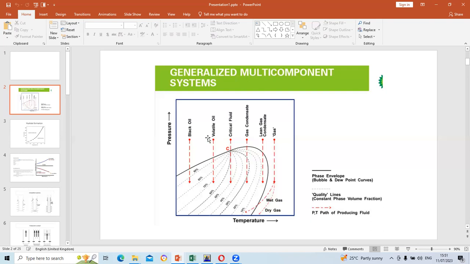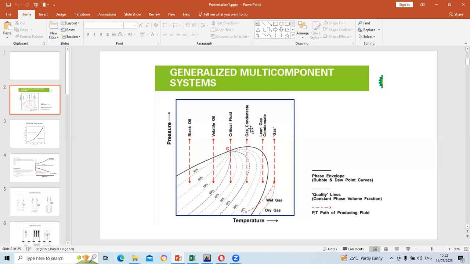So they will have to develop an equation of state that best defines the fluid characteristics of that reservoir. When we get to PVTP, which is one of the software that we have in this IPM, we are going to see how we can model equation of state using our PVTP.